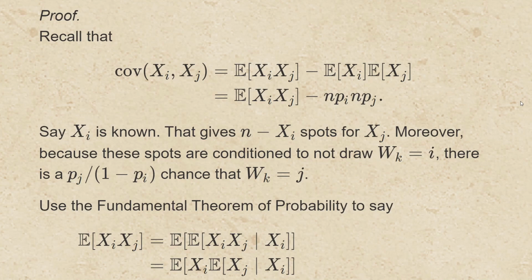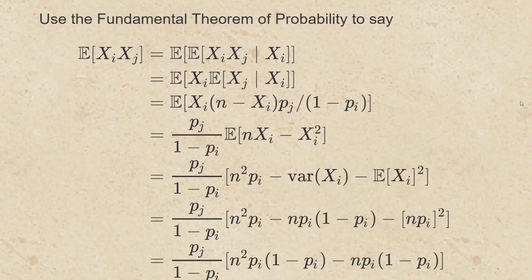Now use the fundamental theorem of probability to say that the expected value of x sub i times x sub j is the expected value of the expected value of x sub i times x sub j conditioned on the value of x sub i. This interior x sub i is a constant, so it can be brought out of that inside expectation.